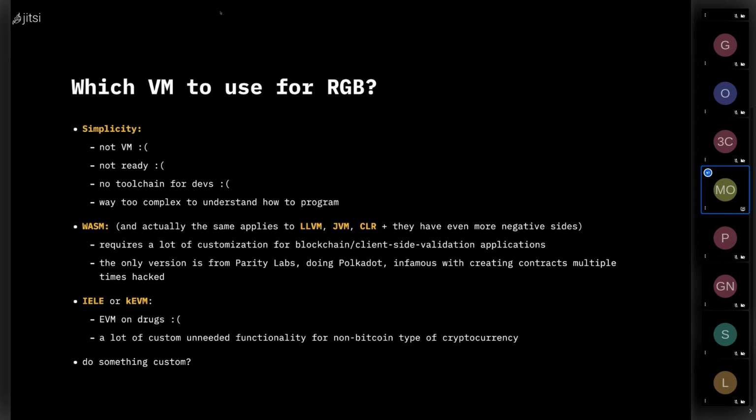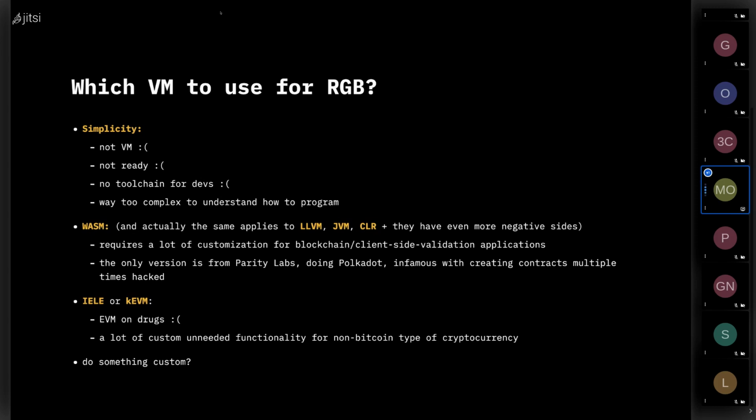So yeah, even if we will use WASM, we have to restructure the standard, re-implement the core of the library, and it's a huge work. And most of the WASM functionality is not required for RGB validation at all. So probably WASM is not a proper solution for RGB.